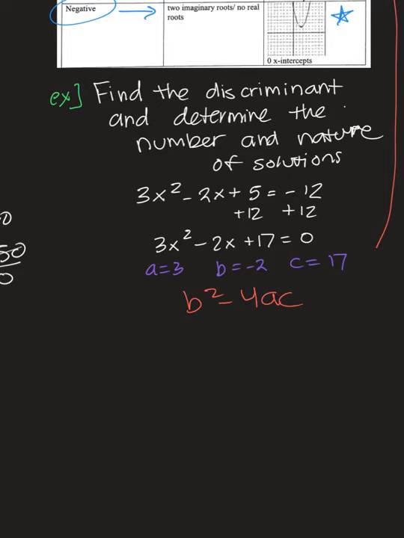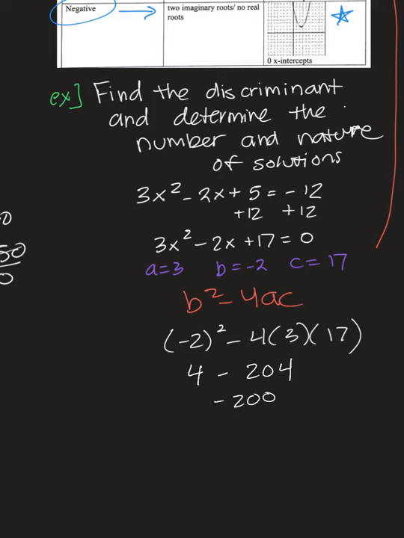So we're just looking at the discriminant in this example. So we plug everything in, negative 2 squared minus 4 times 3 times 17. And then when we plug that all into the calculator, we end up getting 4 minus 204, and then we get negative 200 is our discriminant value.